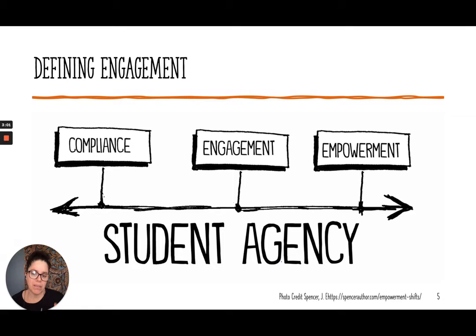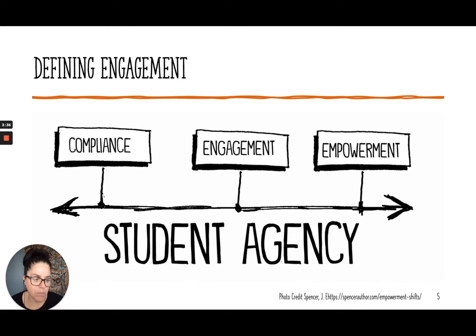We can do that by thinking of an even tighter continuum, and that's the continuum of student agency. So consider this continuum. On one end is student compliance. What we know about compliance learning is that it may work in the moment, but it doesn't really stick over time. We also know that compliance over time diminishes student agency. Let's take a look at engagement right there in the center.